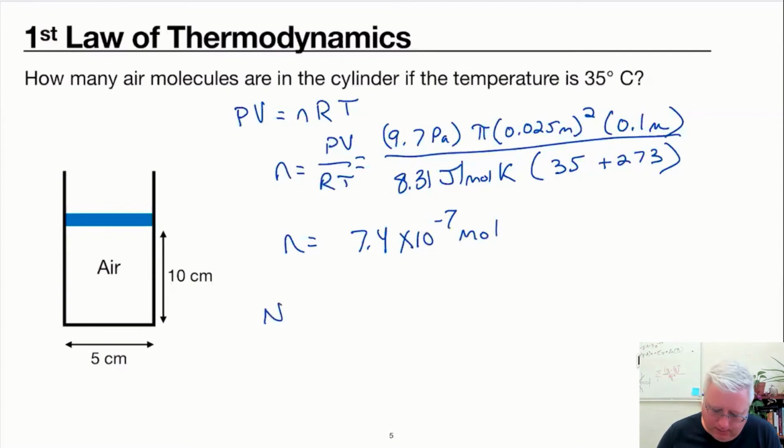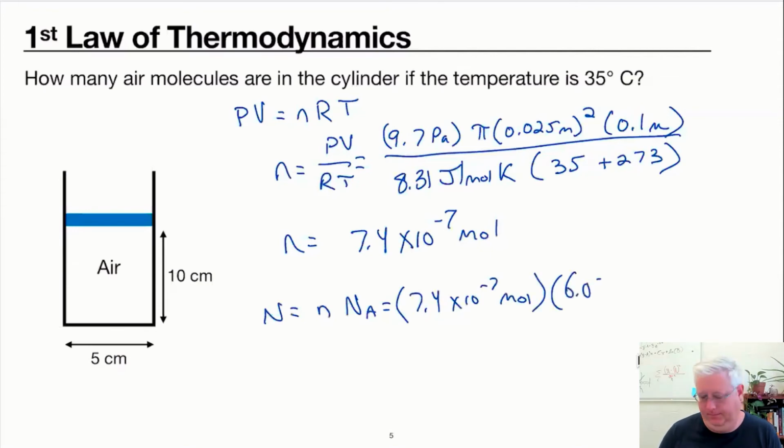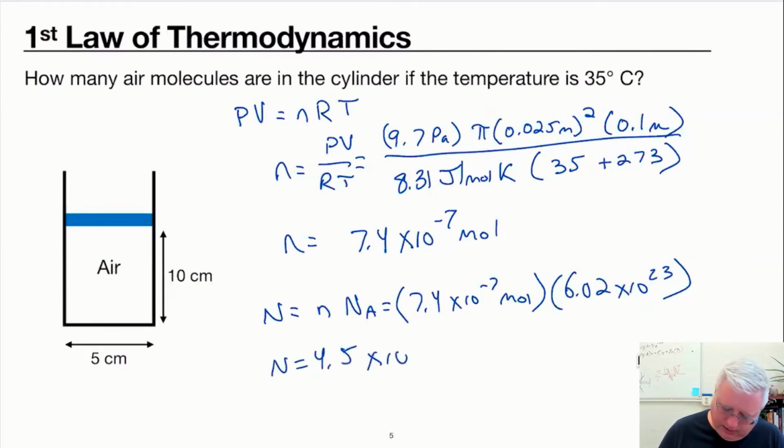So, number of air molecules is number of moles times Avogadro's number. Okay, so I get 4.5 times 10 to the 17th molecules of air.